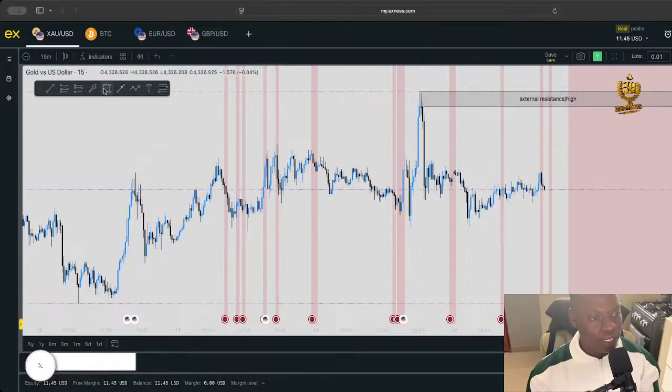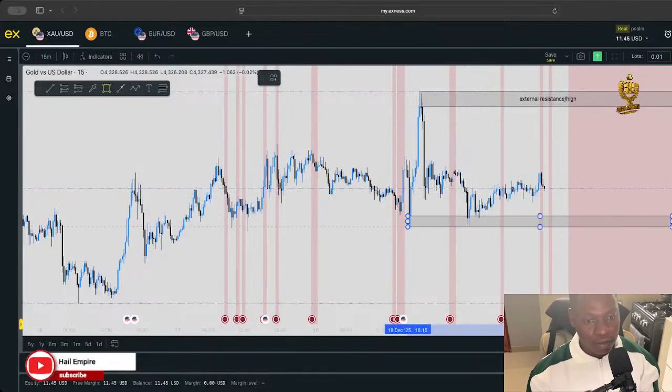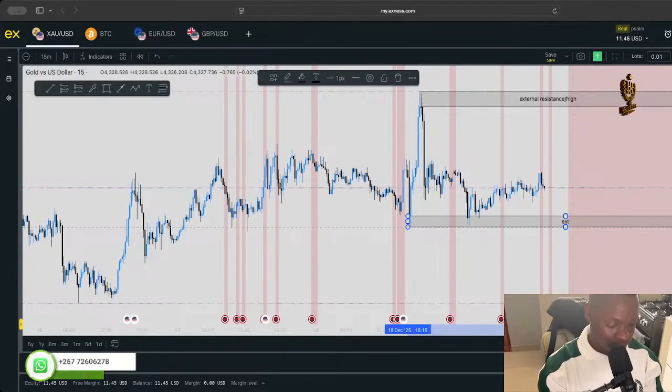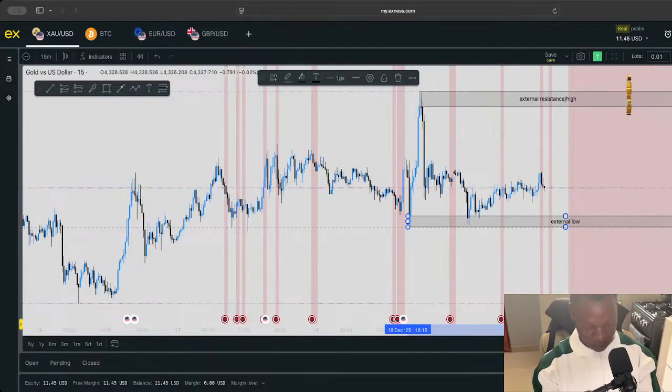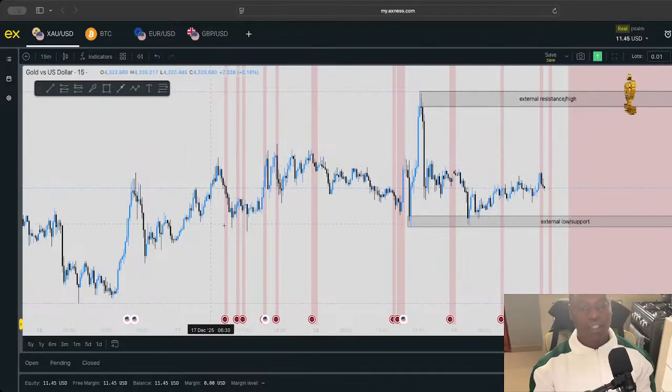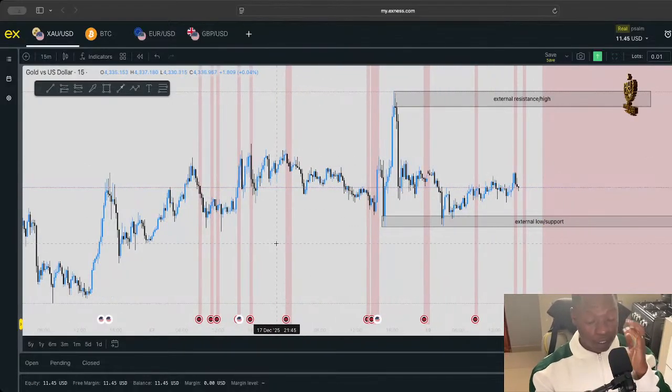Then the low that created that external high is this low here. So we take it as the external current low slash support. These are the two levels that are currently holding gold inside.